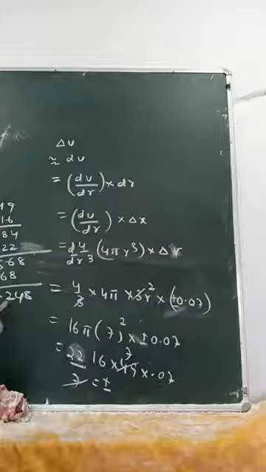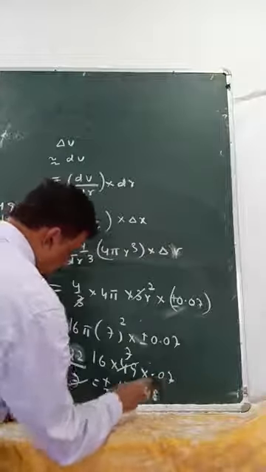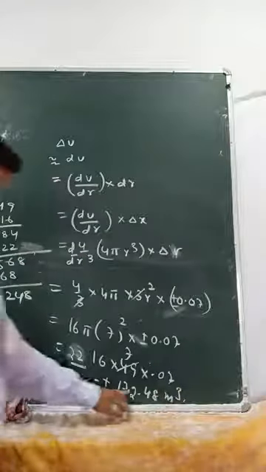So plus minus 172.48 meter cube. That could be the error in calculating the value.